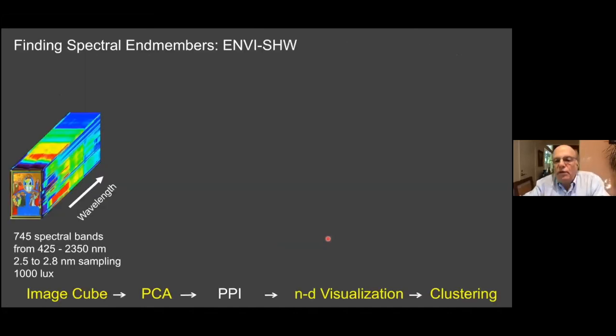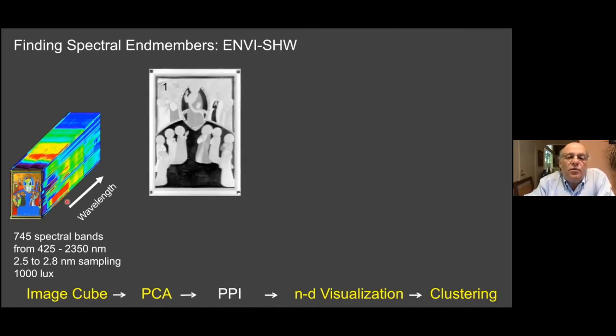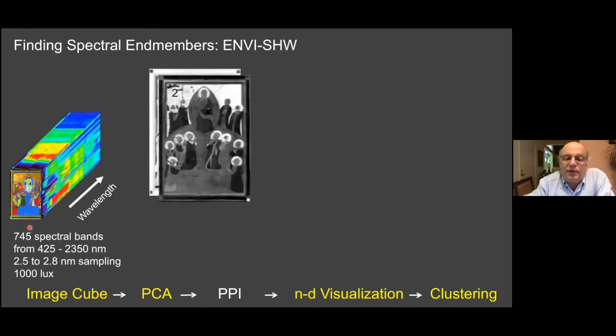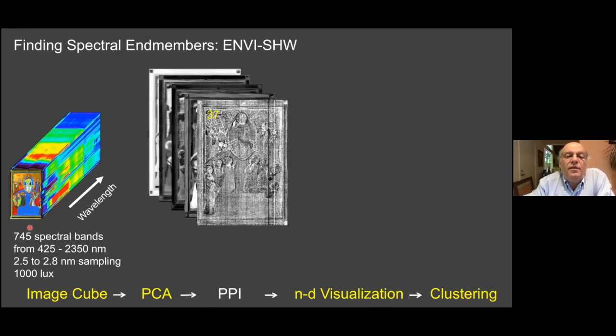Well, we ignore the nonlinear part, as I said, and we just treat these paints as unique reflectance spectra and worry about identification later. The technique, just really quickly for those who are not familiar with it: you start off with your cube. You may have several million spectra to look at, so you're not going to do this by hand. You need to reduce the dimensionality from 145 down, so we use PCA.